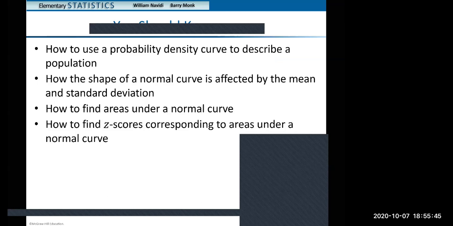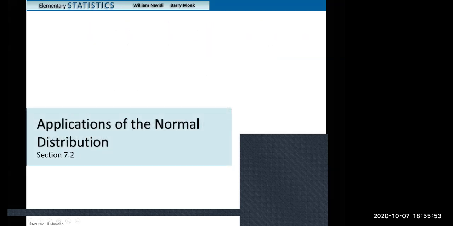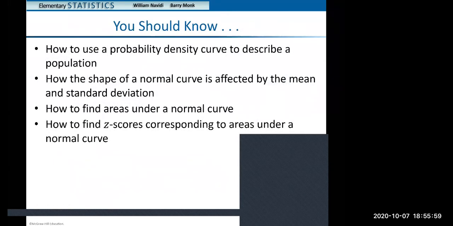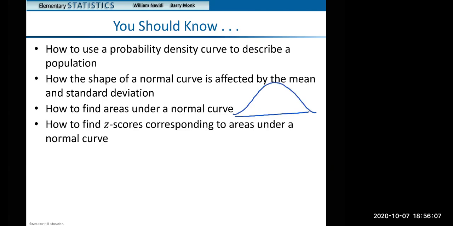All right, before I go to the next one, I'd like to show one more example. What if there is a normal curve like this, and I want you to find the area of this?